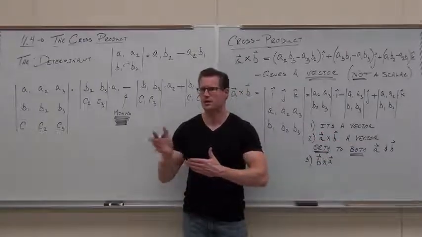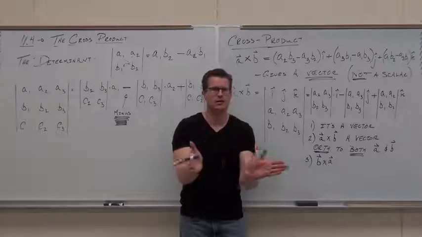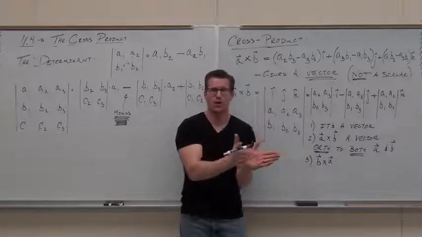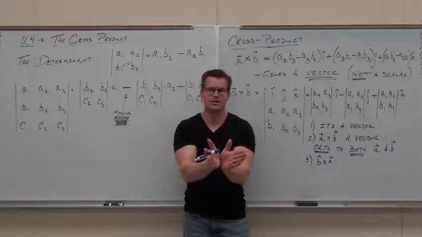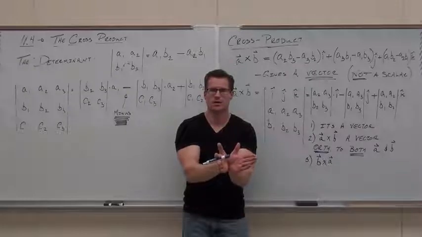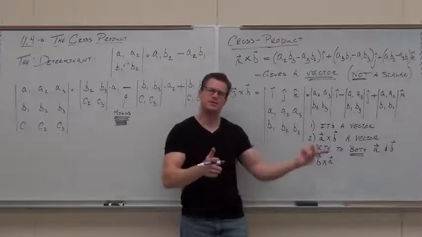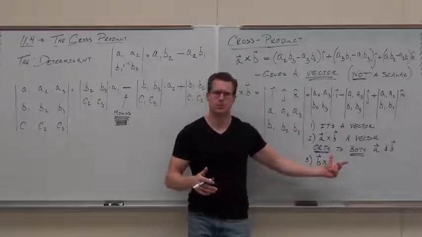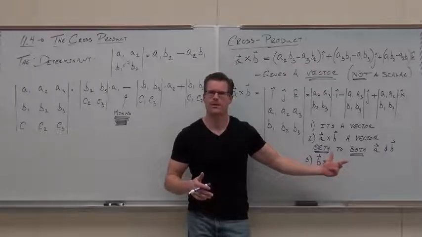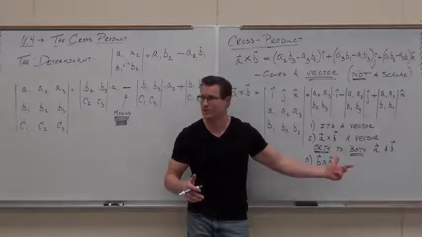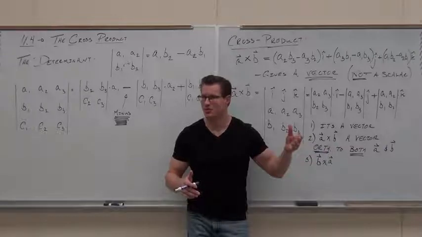Yes. So which means i and j gives you k. That's if we went from i to j. What if we go j and i? Is it still going to give you k? Yes and no. Does it still have to be a vector that's orthogonal to both of them? It does, because that's what a cross product gives you. Is it in the same direction?